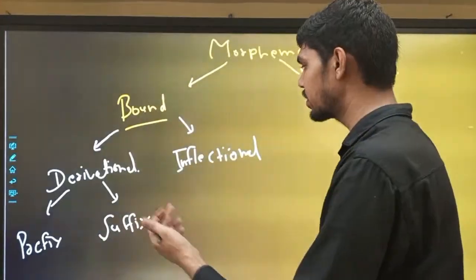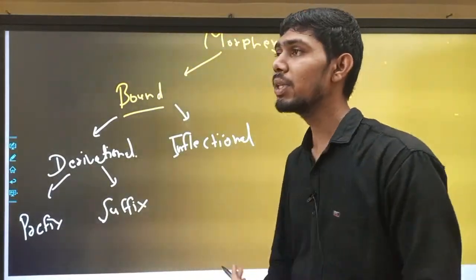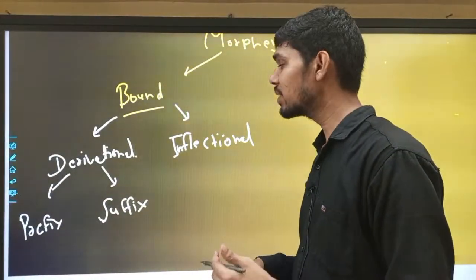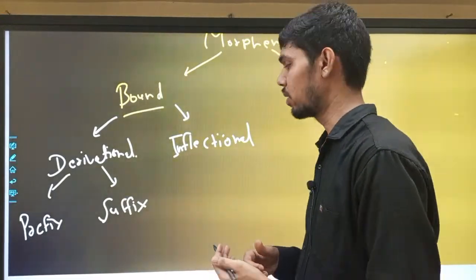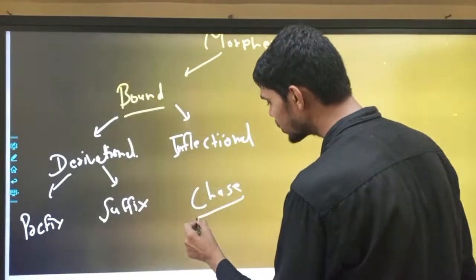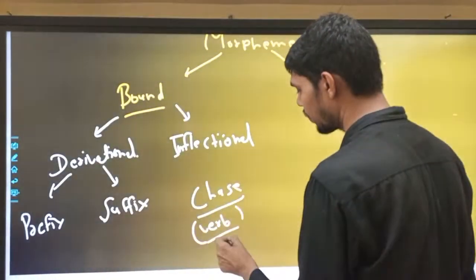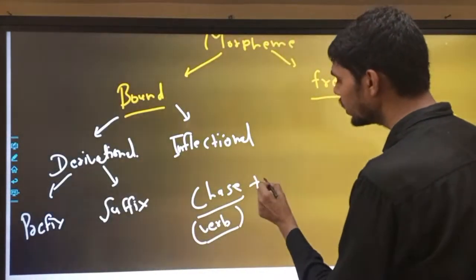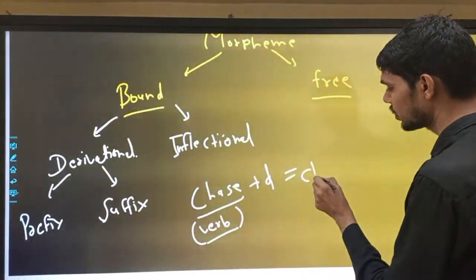Okay, I'll give you an example. Inflectional means it doesn't change the meaning of any word, but it can modify the word. For example, we can take the verb chase. This is the verb in its present form, but when we add d at the end of this word, it becomes chased.